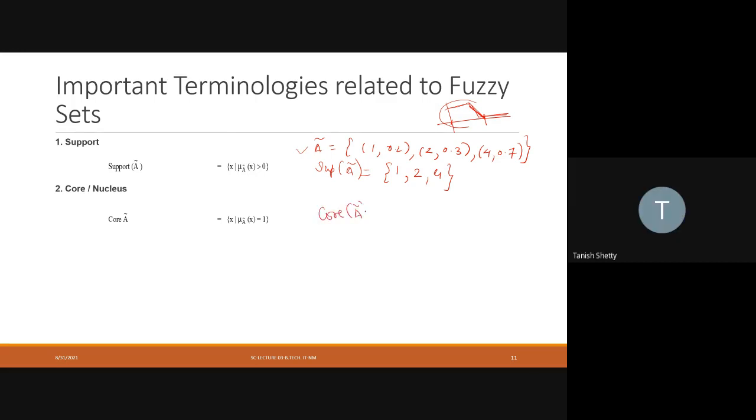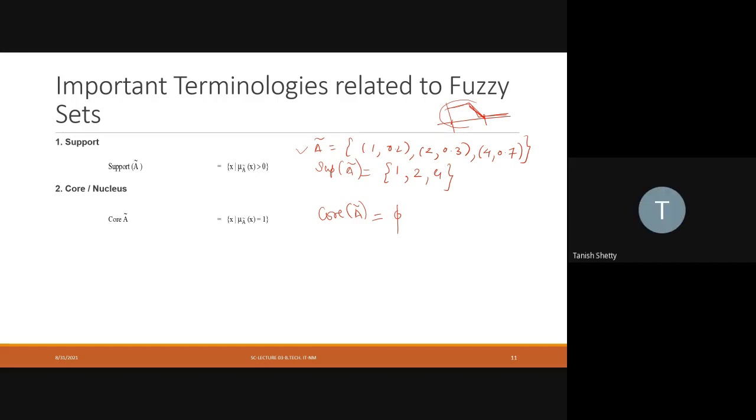It would be only the elements in the top line, like the upper line that you've drawn. No, no. In this case, the core is actually empty, because there is no element which has membership 1.